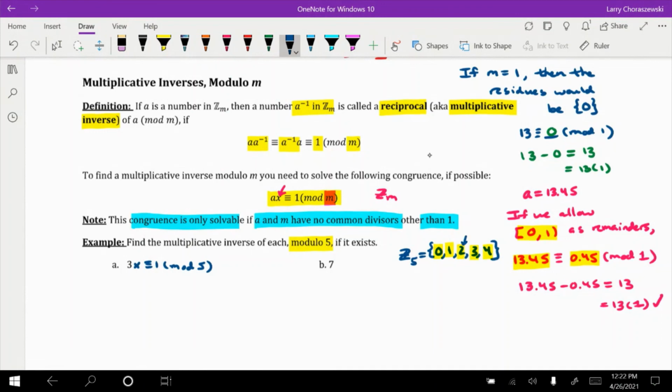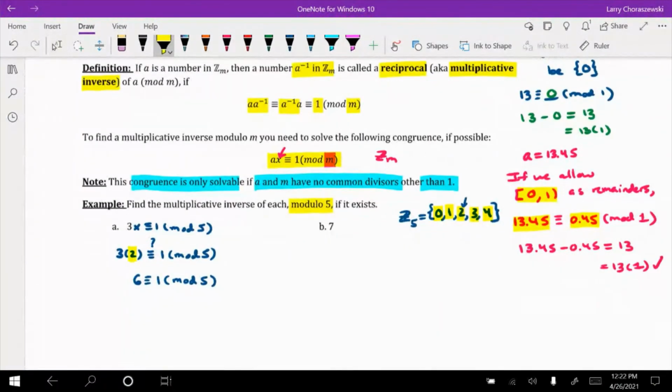But if we use 2, three times 2, we'll check to see if that's congruent to 1 modulo 5. That would give us 6 on the left, which is absolutely congruent to 1 modulo 5, because 6 and 1 have the same remainder when you divide them each by 5.